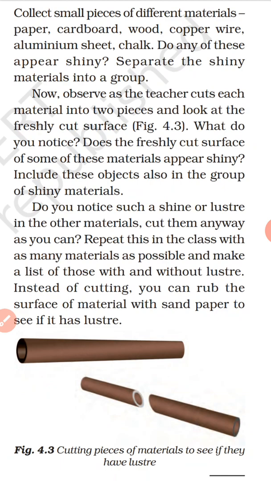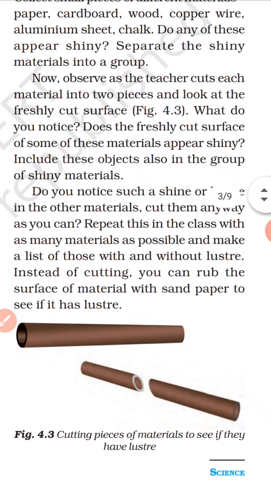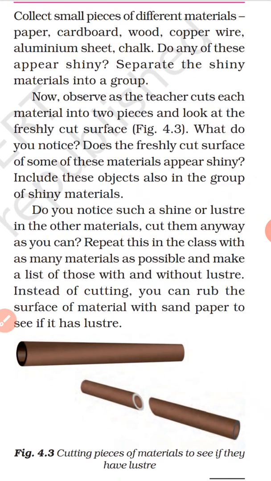Include these objects also in the group of shiny materials. Do you notice such a shine or luster in the other materials? Cut them as well, as far as you can. Repeat this in the class with as many materials as possible and make a list of those with and without luster. Instead of cutting, you can rub the surface of materials with sandpaper to see if it has luster.